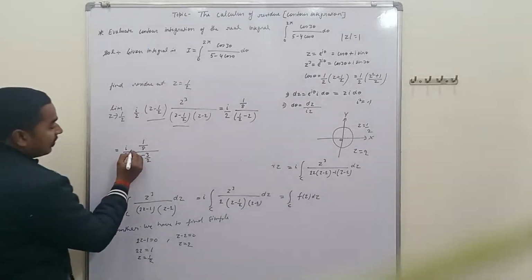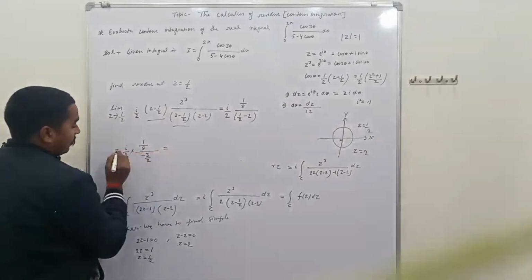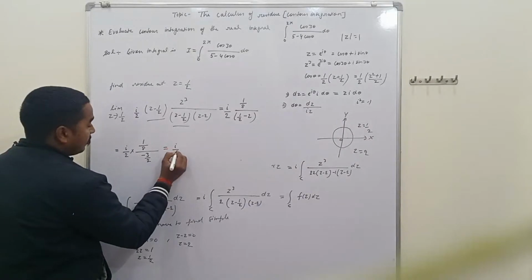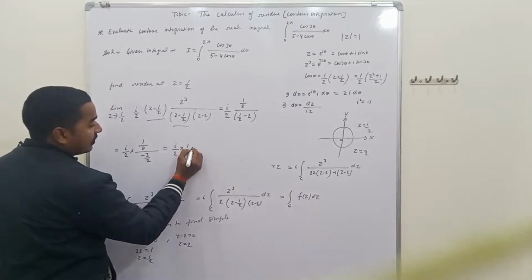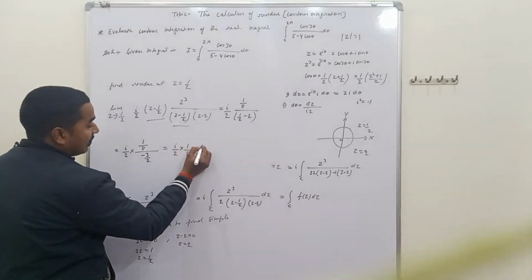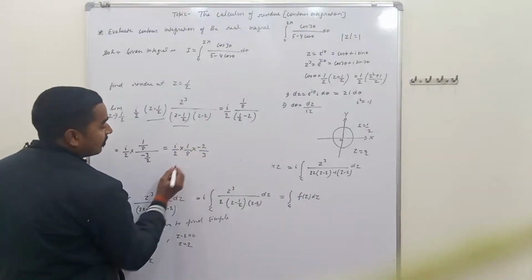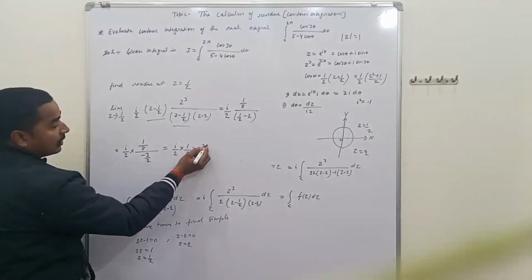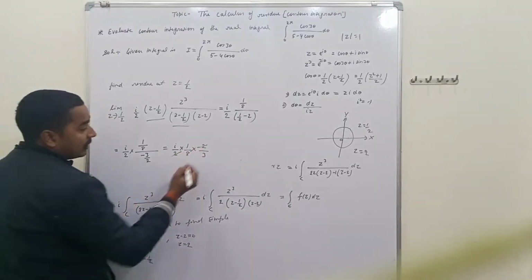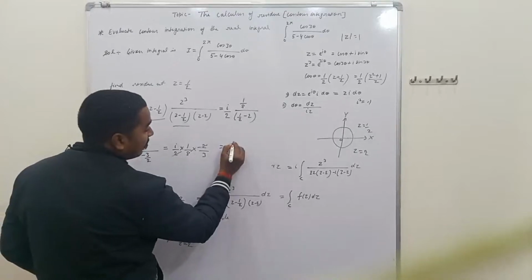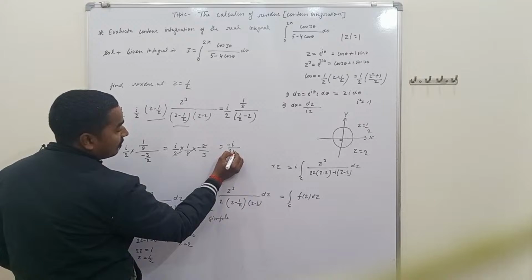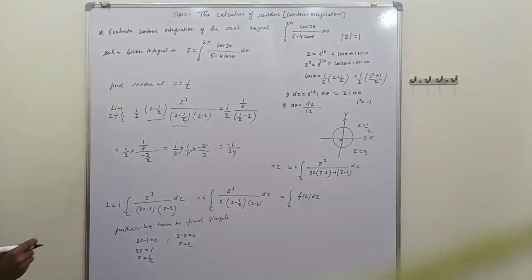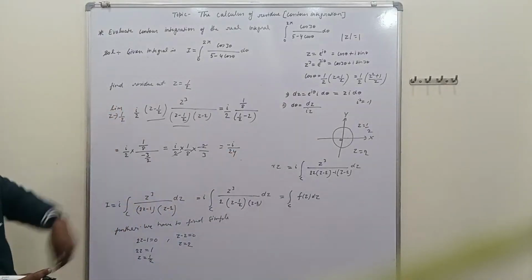From here, i by 2 into 1 by 8 into minus 2 by 3, the 2 is cancelled out, then the remaining is minus i upon 24. This is the residue at z is equal to 1 by 2.